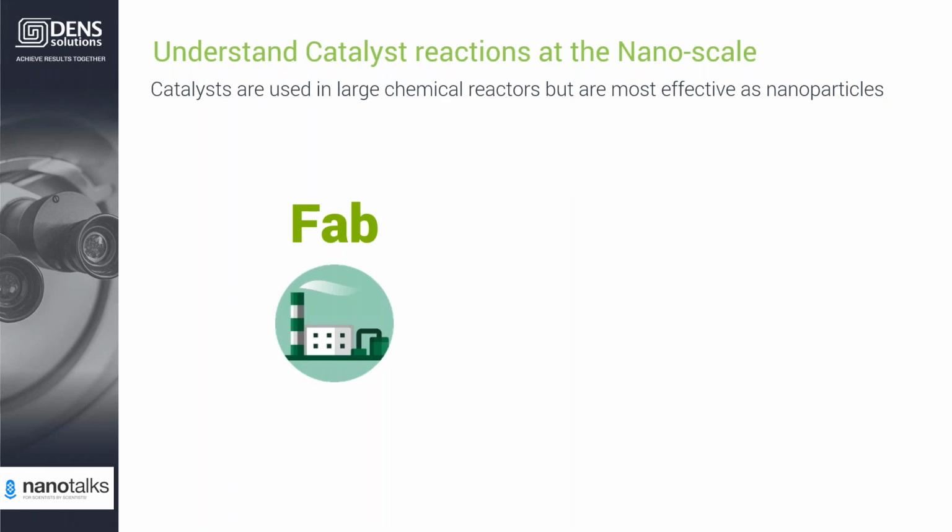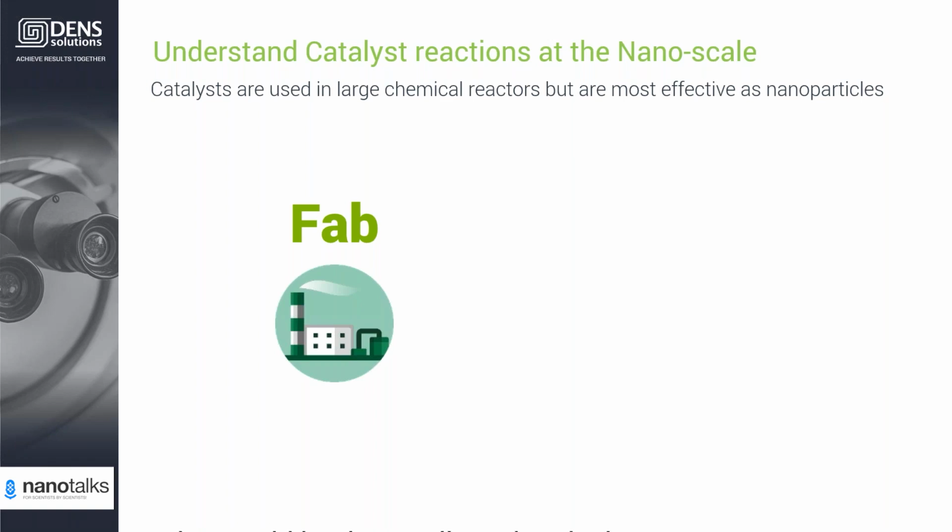But then the catalysts themselves are most of all nanoparticles which operate at the nanoscale. And if you want to understand what they're doing, you also need to look at the nanoscale, which brings you to TEM research, because that's the only way we can really observe events happening at this nanoscale.